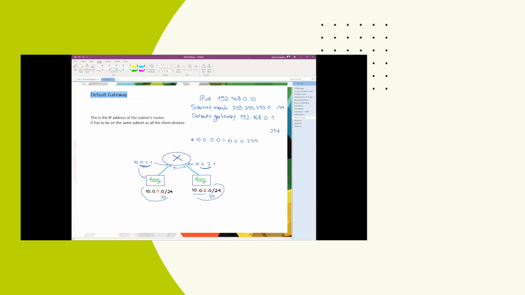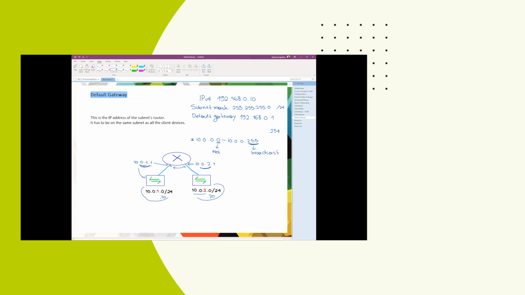The first IP address, 10.0.0.0, cannot be assigned to any client devices because this is the network IP address. And the last, the 255, will never be assigned to any client devices in the network because this is the broadcast IP address.